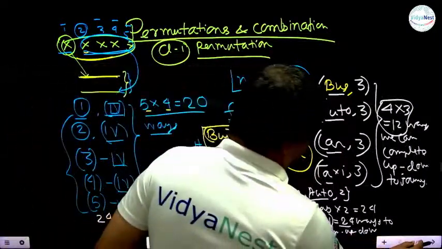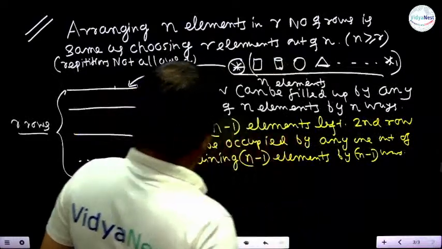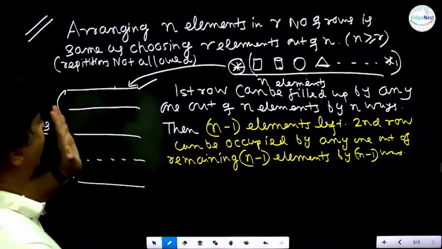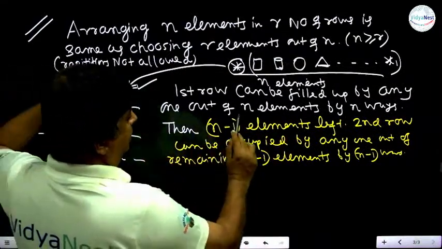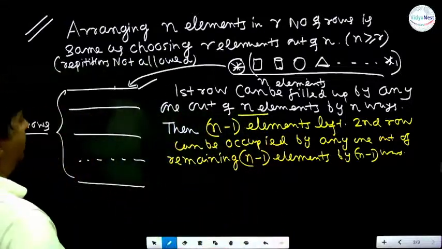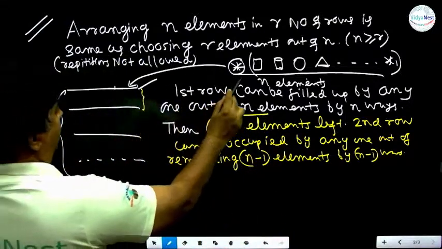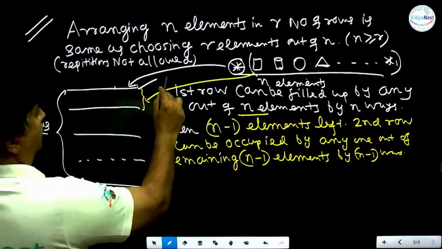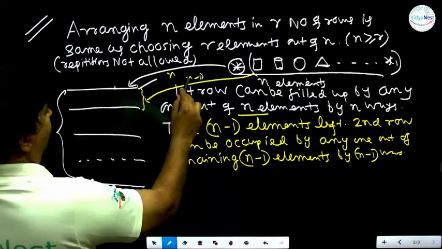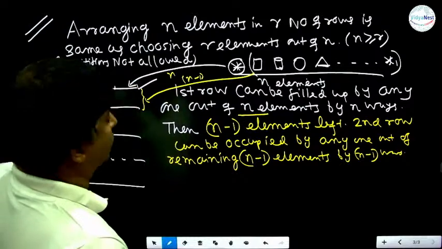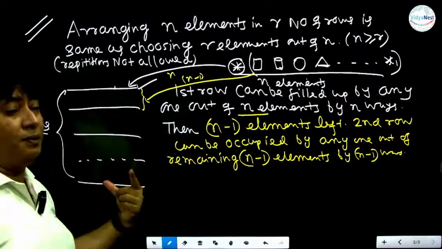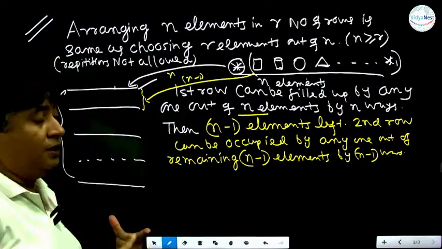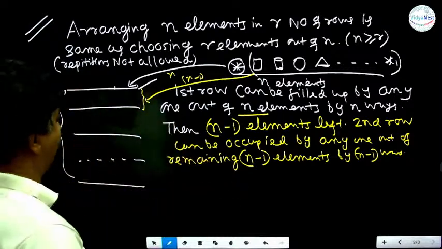Here you observe, to fill up the first row, n elements were required. To fill up the second row, this is n minus 1 ways. So in that example I got 5 into 4, here n into n minus 1.